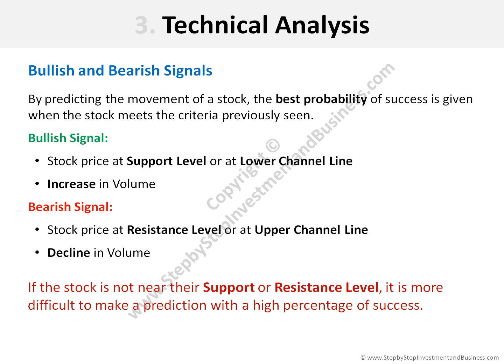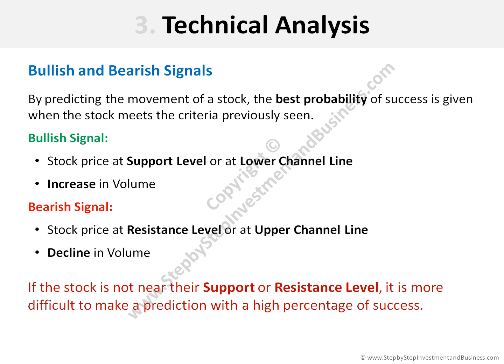To clarify the concepts already seen, let's review the criteria to get bullish or bearish signals according to technical analysis. By predicting the movement of a stock, the best probability of success is given when the stock meets the criteria previously seen.